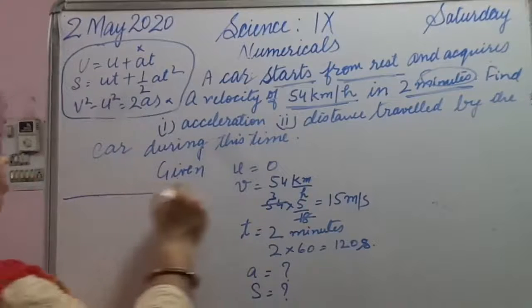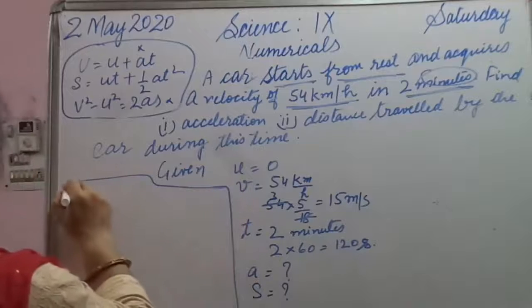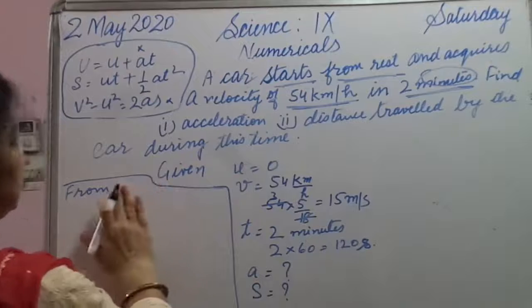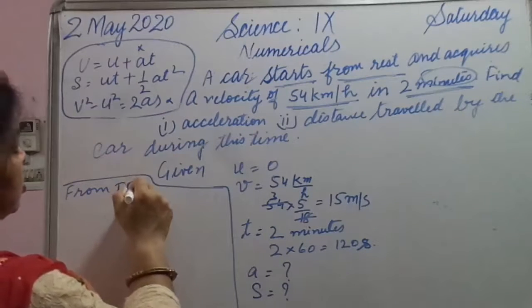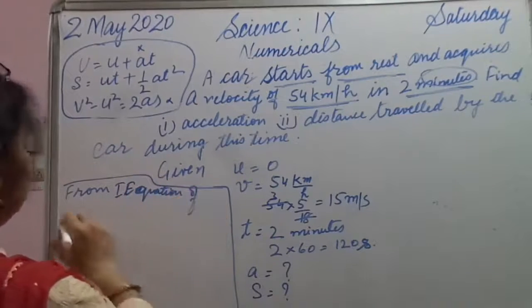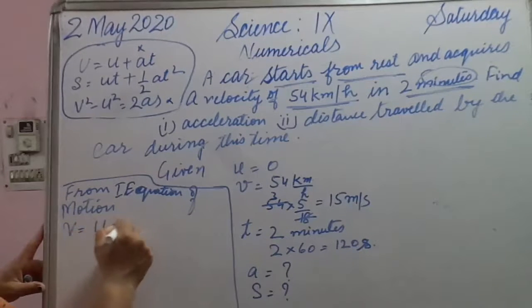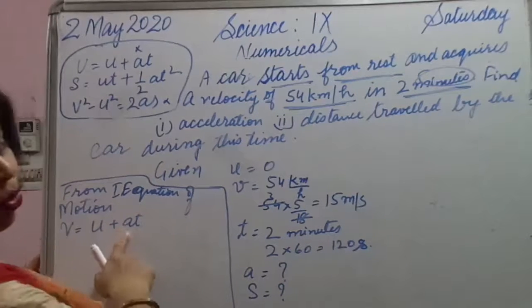From the first equation of motion, v is equal to u plus at. u is given, v is given, a you have to find out.